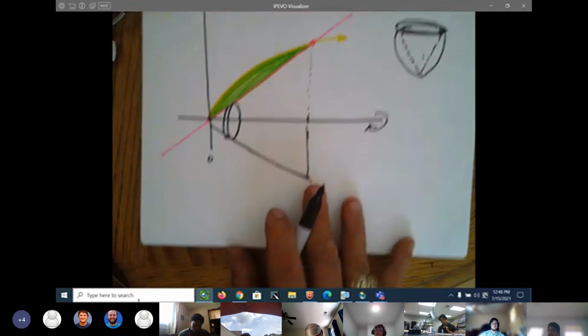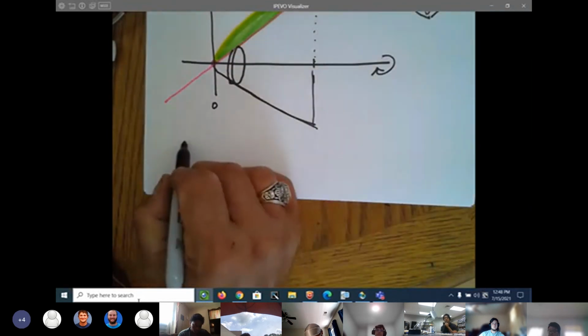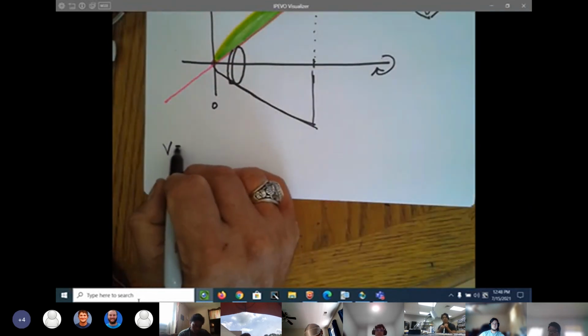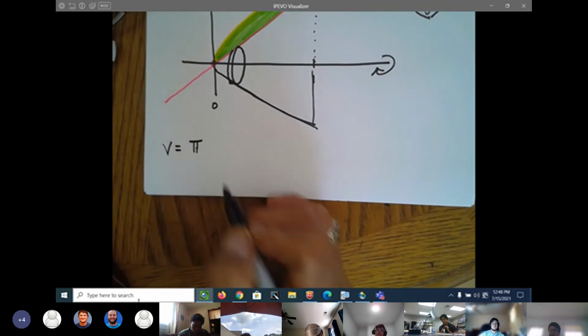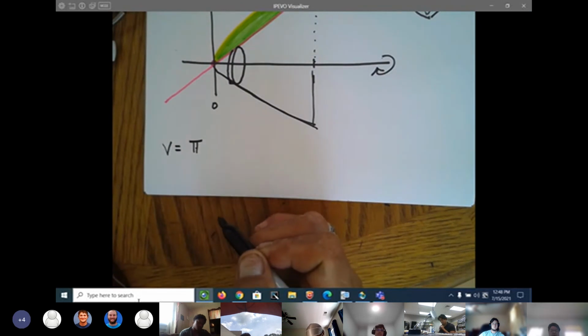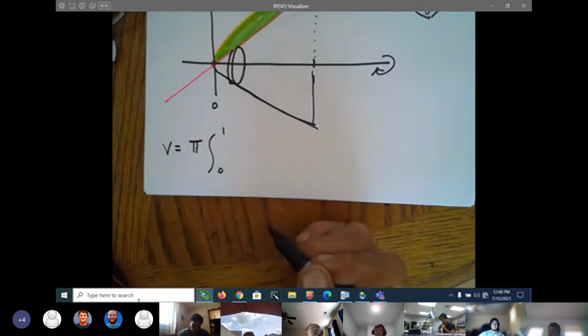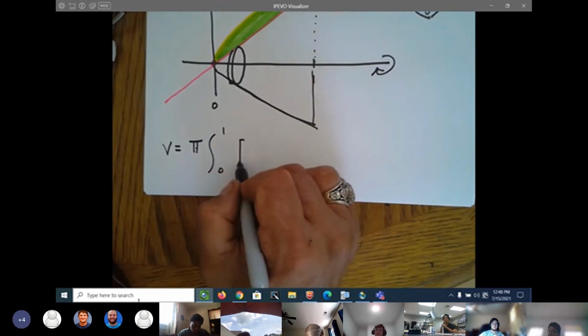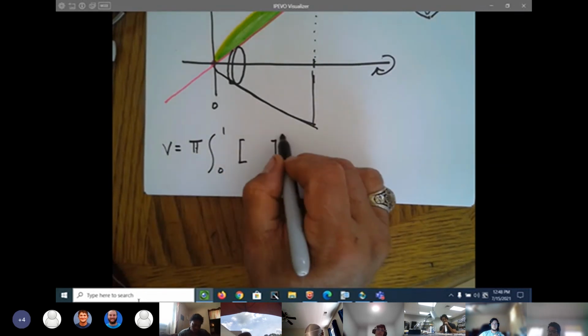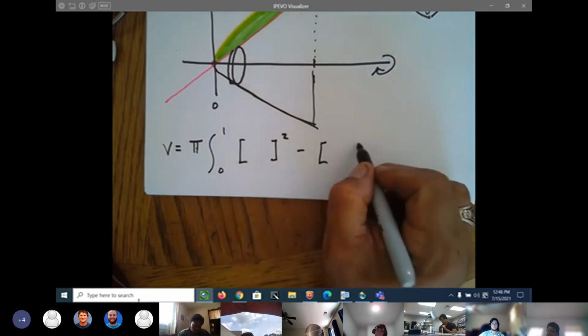So if you just did around, that would be volume is equal to, we're just going to set these up. We might do one of them. From 0 to 1 of the outer minus the inner radius.